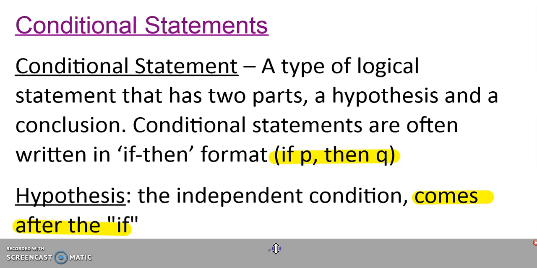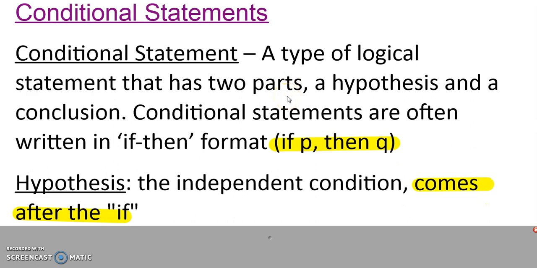So we have hypothesis. The hypothesis is the independent condition. This is what gets to happen on its own. So if our statement was, if it's raining outside, then you will get wet. The hypothesis or the independent condition is that it's raining. That happens on its own.